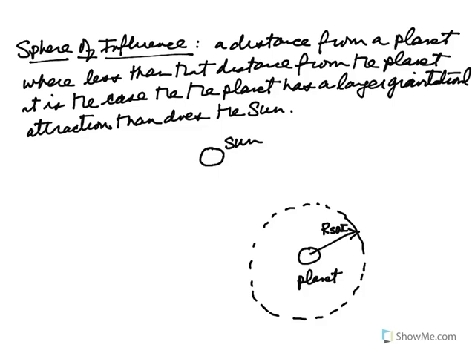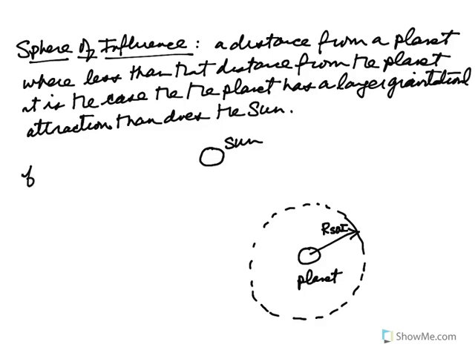If the spacecraft is within that distance, so if the distance of the spacecraft to the planet is less than the sphere of influence, then the planet has the greater gravitational influence, and outside that distance, the sun has the greater gravitational influence.